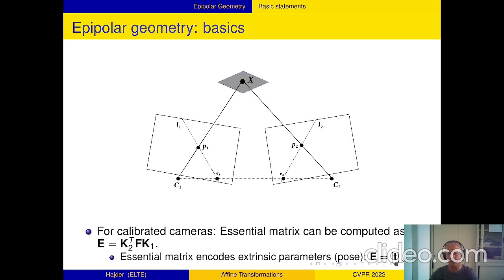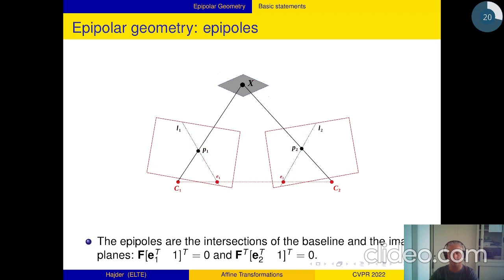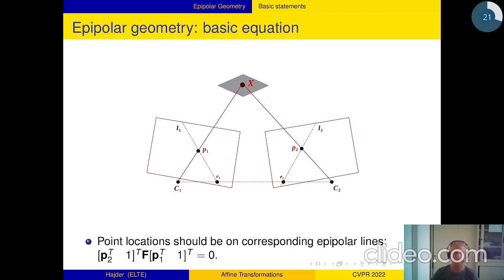This cross product matrix Tx is a singular matrix, so the product of this with this matrix is also singular, and this is why the fundamental matrix should be singular. Therefore the degrees of freedom in the fundamental matrix is only 7.